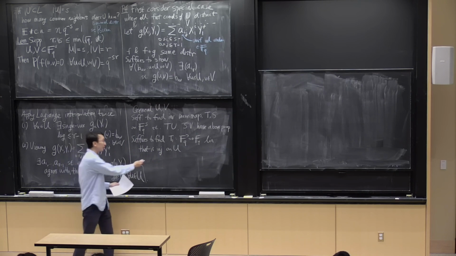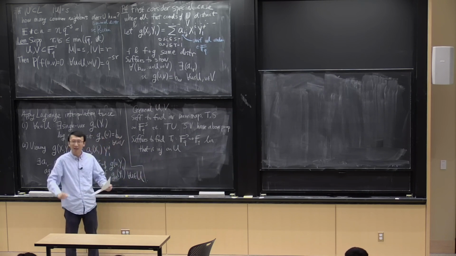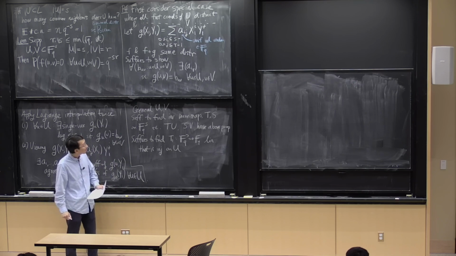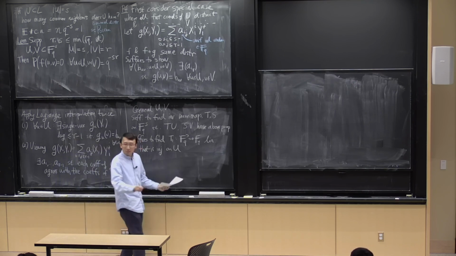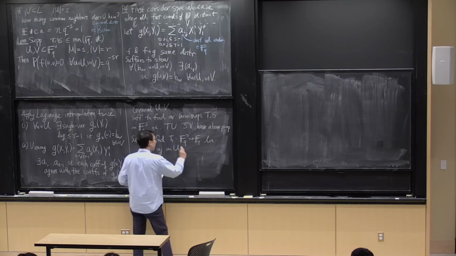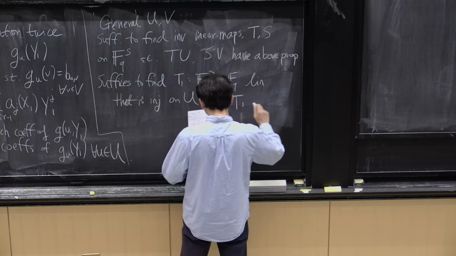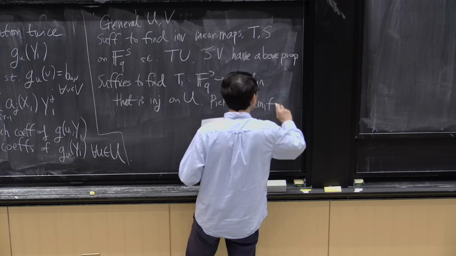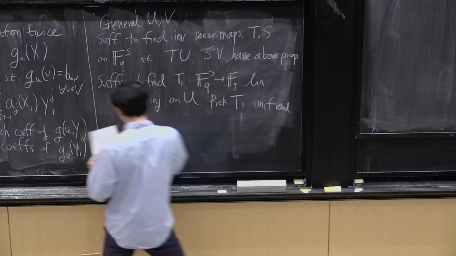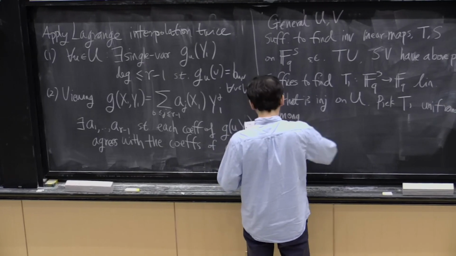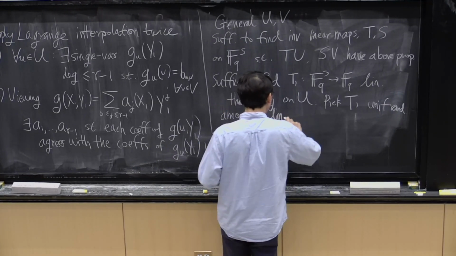But actually, if it's 0, then it's not going to be injective on U. So it better not be 0. Well, let's find this map randomly. So pick T uniformly at random among all linear maps.